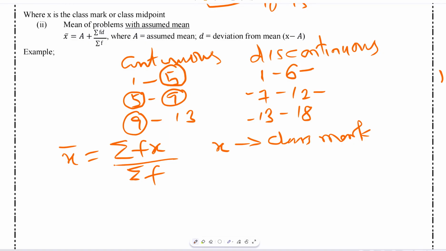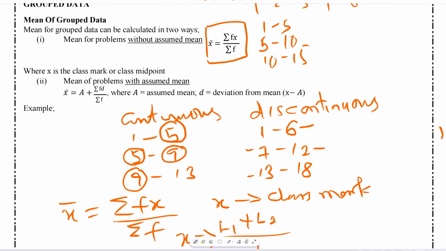And how do you get class mark in a grouped data? To get class mark, you add the two interval limits together, L1 plus L2, divided by 2. That is how you get your x.